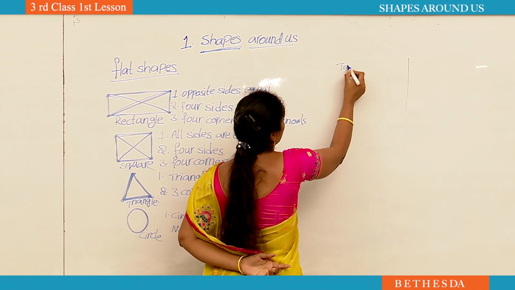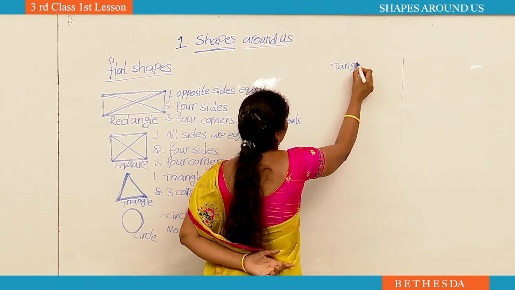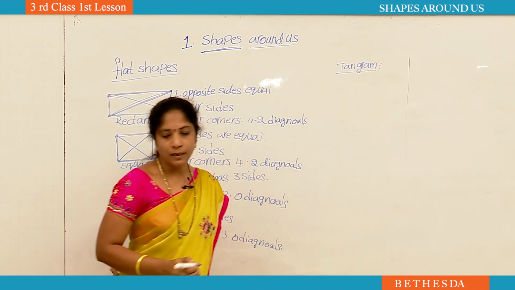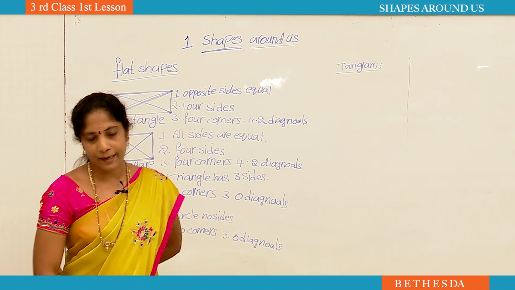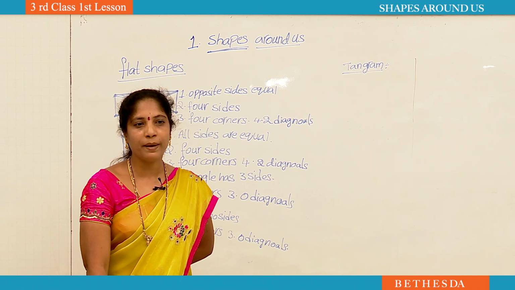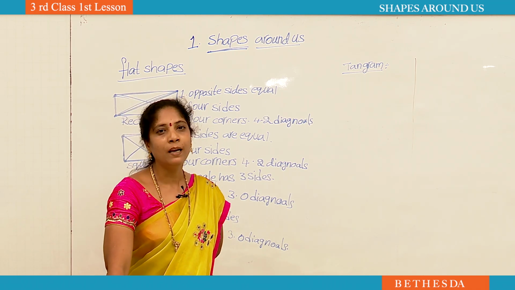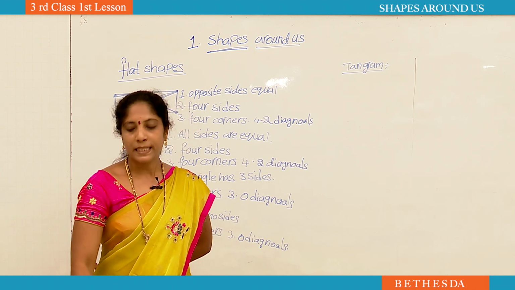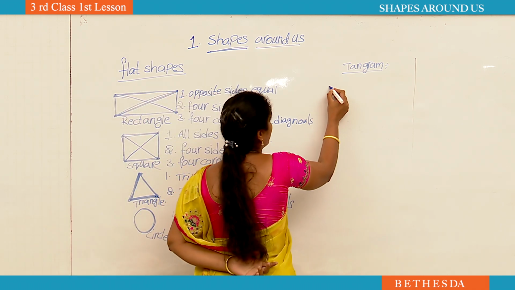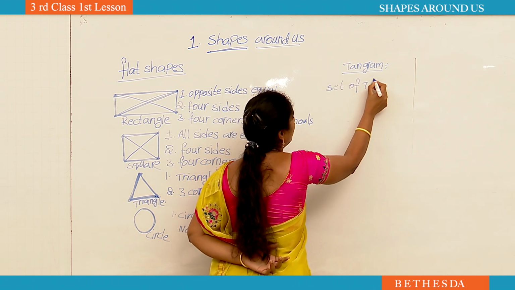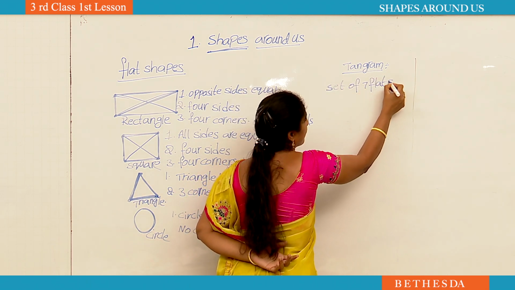What is our next topic? Tangram. What is meant by tangram? Till now maybe you did not hear this word. Tangram means a set of 7 flat shapes.